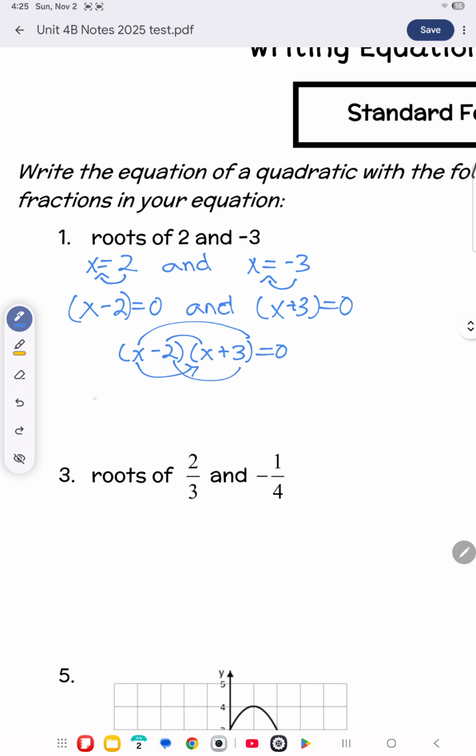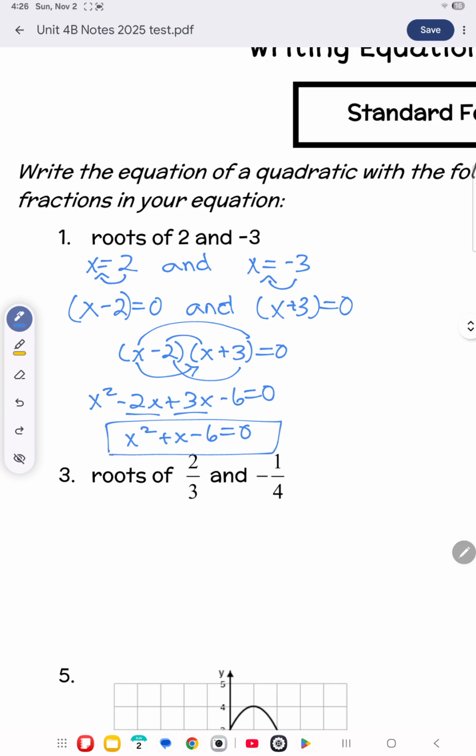Right? Just like we've been doing. So this is going to be x squared minus 2x plus 3x minus 6 equals 0. Then we've got some like terms to put together right here and here. So it'll be x squared plus x minus 6 equals 0. And that is the standard form.